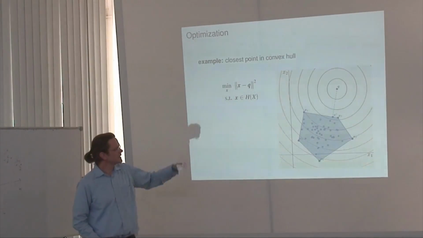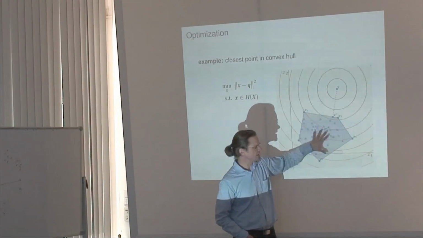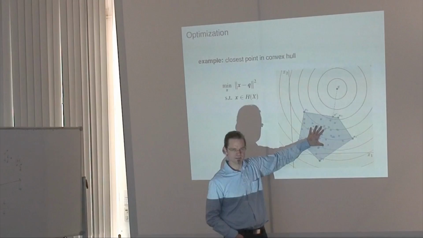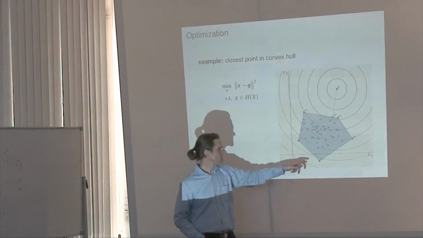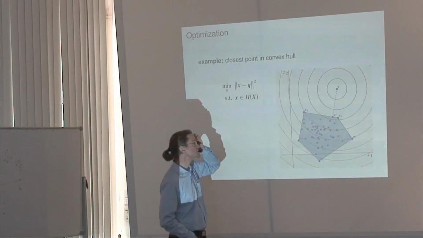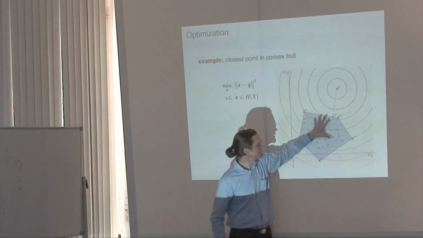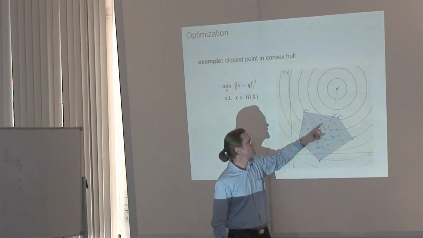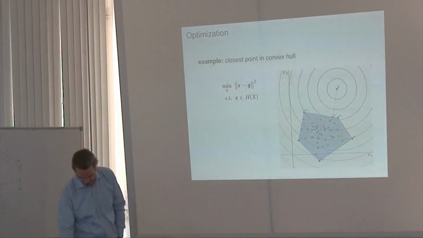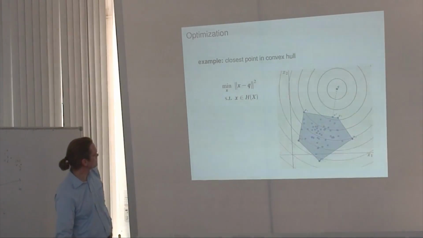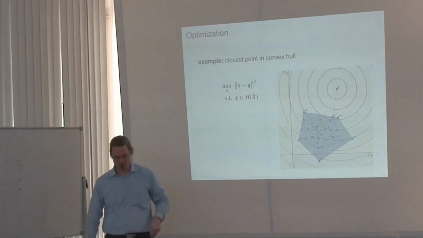We are interested in the point x star that is an element of the hull of x, the convex hull of the set of points x. We want to find the point x star in the convex hull that is closest to some query point Q. So this is our minimization problem, and it's constrained like so. The solution has to be in the convex hull.